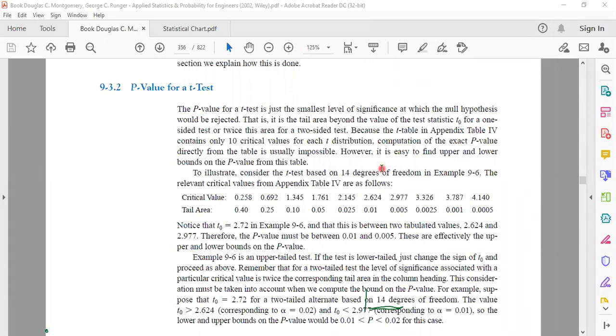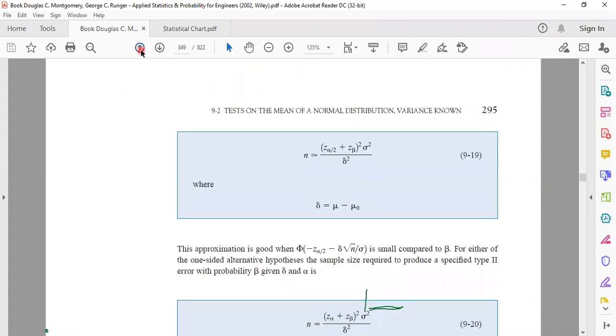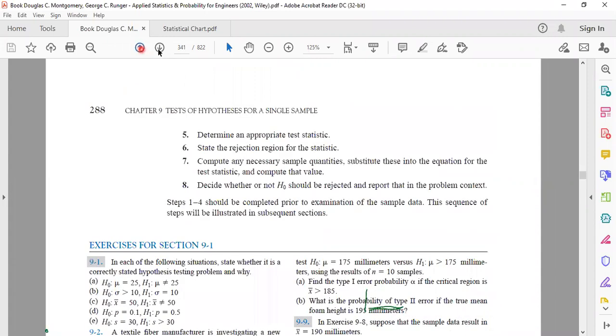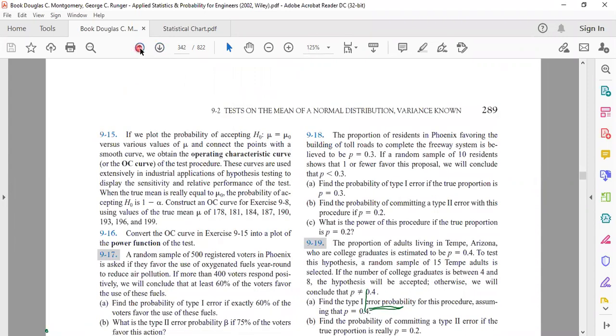I will share this note with you, or you can download this book. As you can see, this is page number 356. It's a huge book, 822 pages.